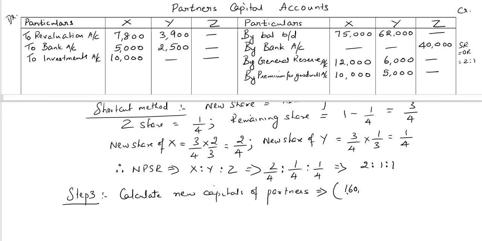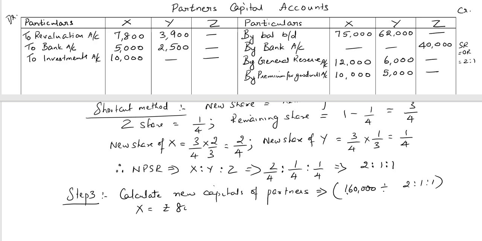So rupees 1,60,000 divided in 2 is to 1 is to 1. So for X we get rupees 80,000. For Y we get rupees 40,000, and Z rupees 40,000.